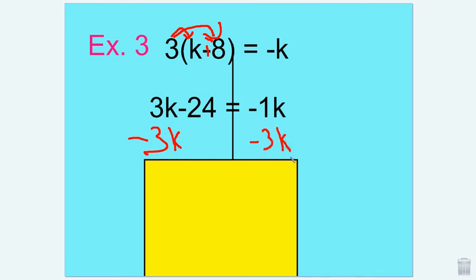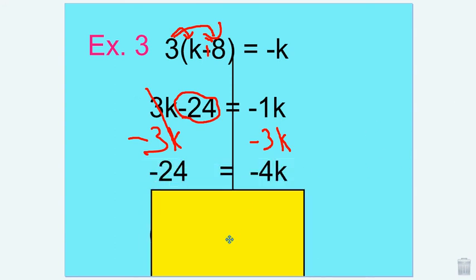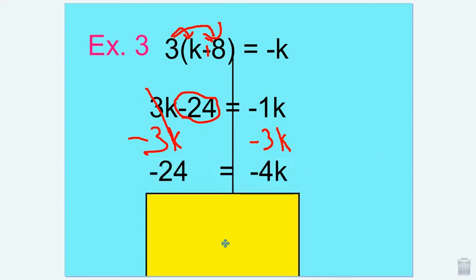And now look what's left. Negative 24. Guess how many people are going to say 24? Negative 24 is left over here. Let's even cross this out. Bye-bye. And so negative 24 equals negative 4k, right?